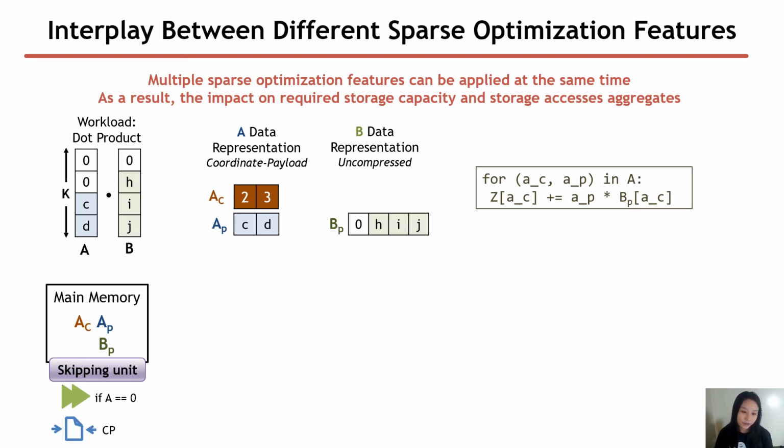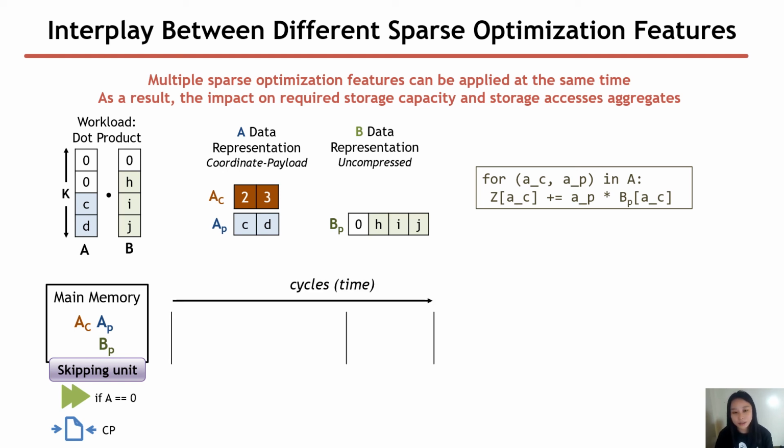When we have the A and B information, we could apply a skipping of B based on A. So if your A is 0, meaning if your A is empty, then you don't read B, you fast forward to the next B that's needed for computation. And because the representation that we pick for A is a special representation other than default and compressed, we're also applying a format optimization, and the format is coordinate payload.